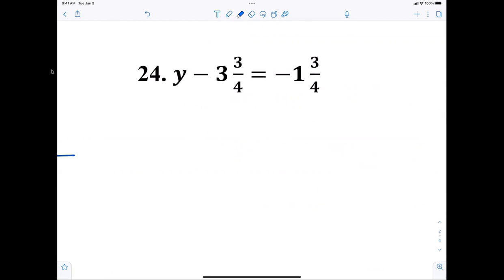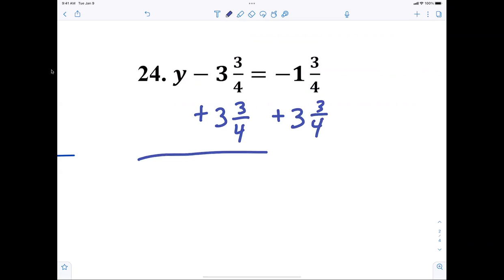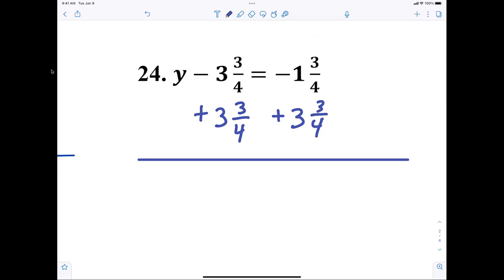Tell me. That's correct. Add 3 and 3/4. But am I really adding? No, you're not, because you have a positive and a negative. So what's the rule when you do positive and negative? Subtract them.